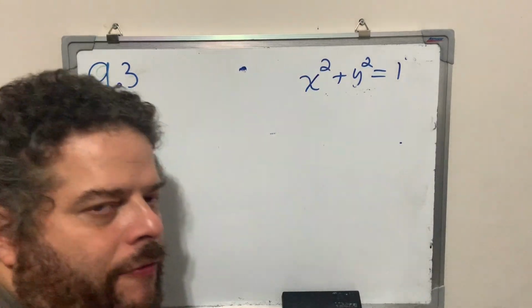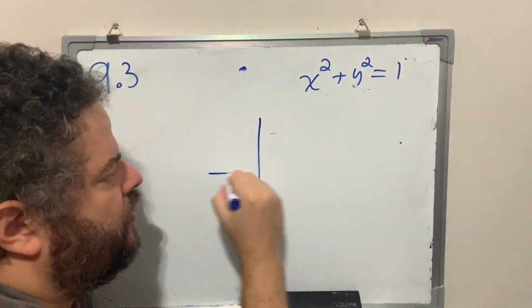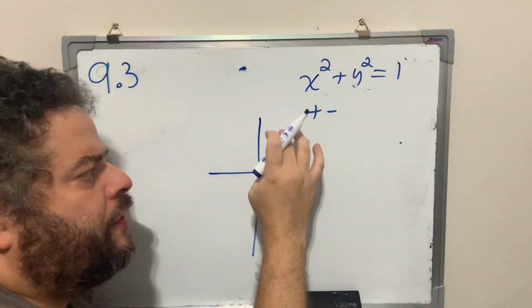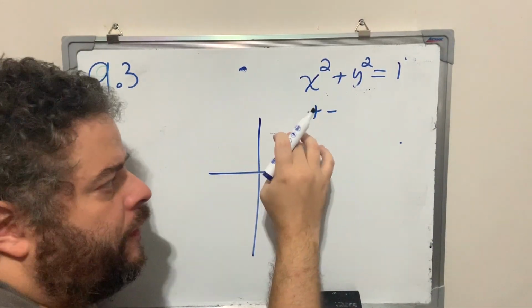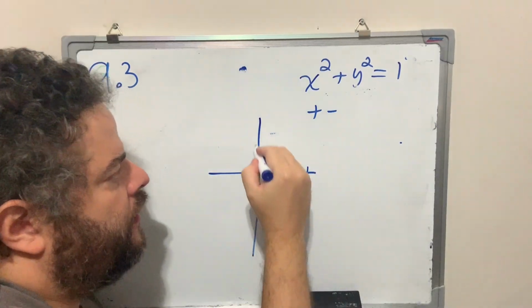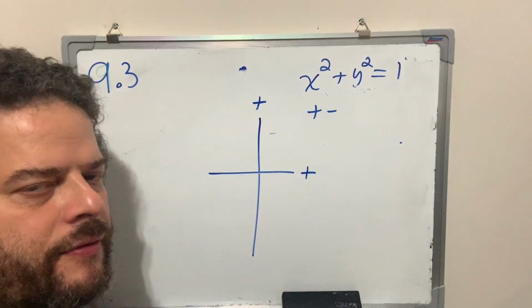Evaluating the trigonometric functions. And again, this is just for the positives and negatives. In the first quadrant, the x is positive and the y is positive.